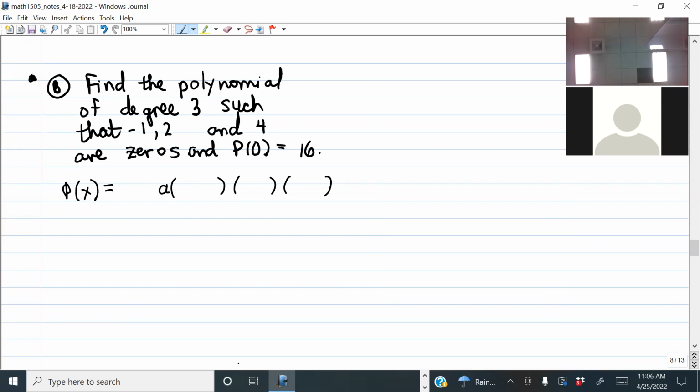There has to be a mystery constant there that you can adjust so that your y-intercept will be 16, okay? So write this formula down first and then see if you can figure out what you have to make the A be, so that you get P of 0 to be 16, or maybe P of 0 starts off as 16. Maybe A is just 1. I'm not sure here. I don't know what the answer to this question is.